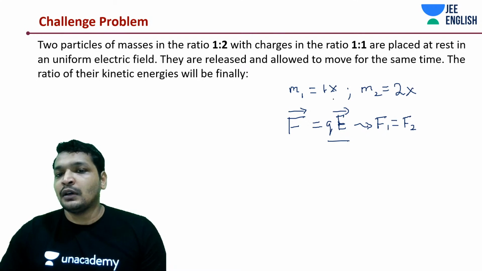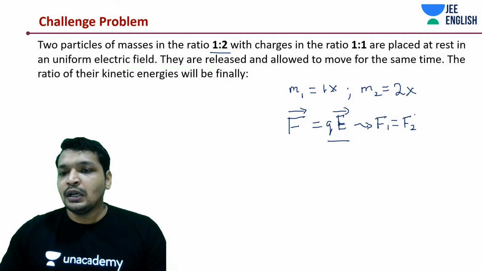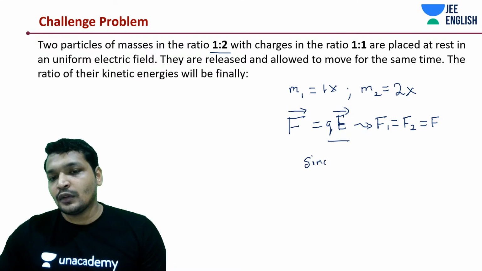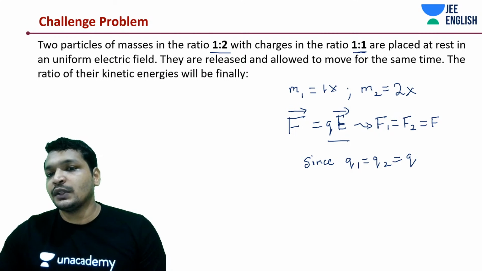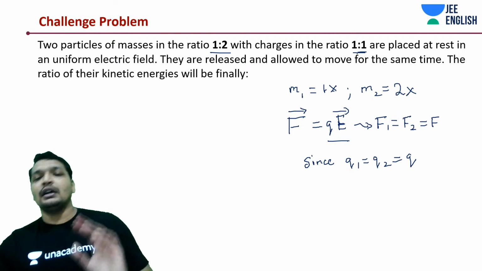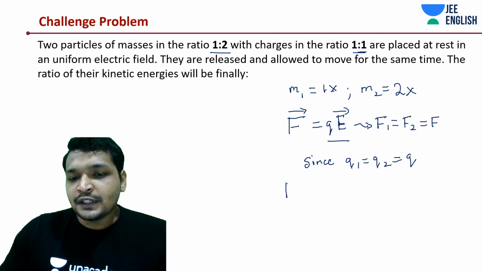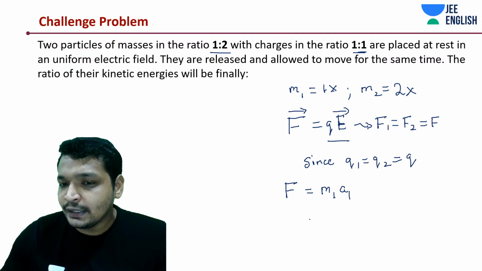M1 is having mass x, whereas M2 is having mass 2x. But Q1 is equal to Q2 is equal to Q, right? They are in the ratio of 1:1. They have the same charge on them. So now we know force F is the same on them, but I'm saying acceleration is going to be different, right?